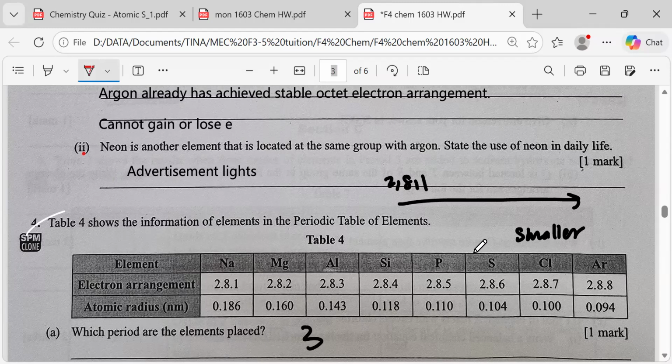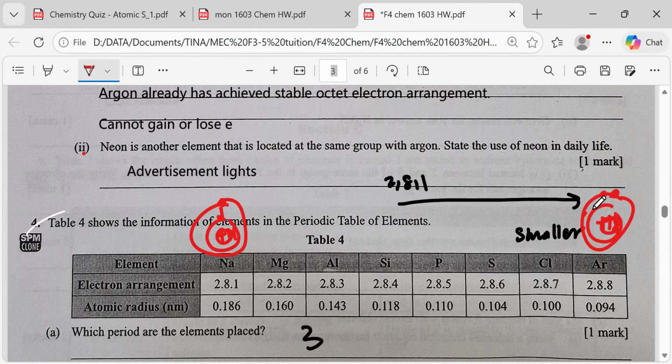All of them have 3 shells: 2, 8, 1, 2, 8, 2, 2, 8, 3, all the way to 2, 8, 8. But the nucleus of sodium is positive 11, but the nucleus of argon is positive 18. So the nucleus becomes more electropositive, right or not? So it's positive 11 and it's pulling in 3 shells. Positive 18 is also pulling in 3 shells.